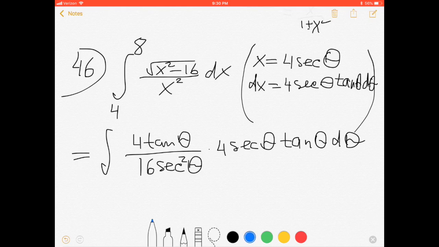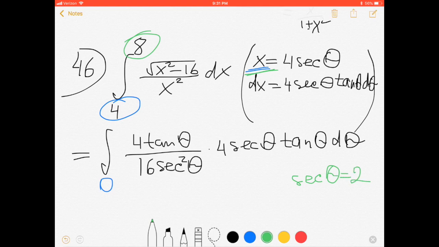I have lower border 4. This means if x equals 4, secant theta equals 1. Where is secant theta equal to 1? If theta is equal to 0. If my upper border is 8, this means x equals 8. I plug in here. This means secant theta equals 2.